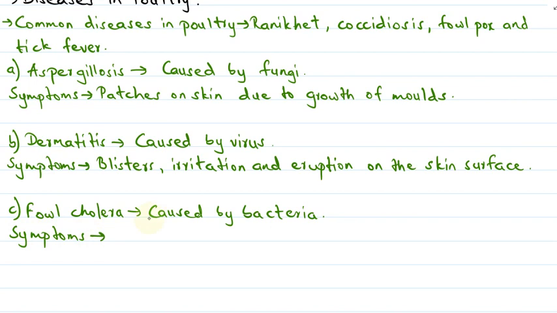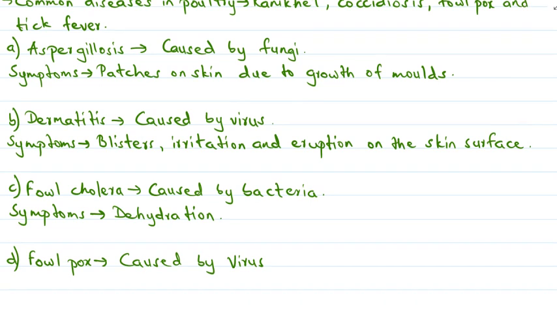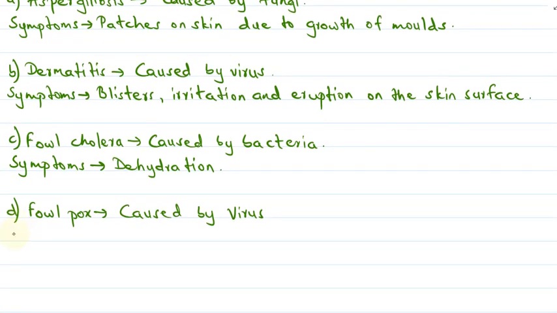If we talk about symptoms, we can say this leads to dehydration. Okay, so dehydration is the most common symptom in case of fowl cholera. Then the next disease is fowl pox, and fowl pox is again caused by virus. Okay, now what are the symptoms of this disease?